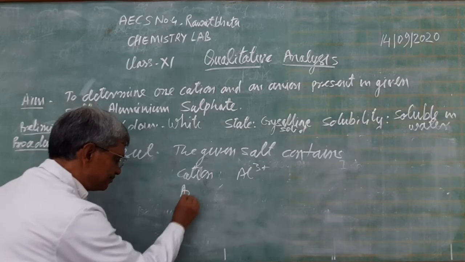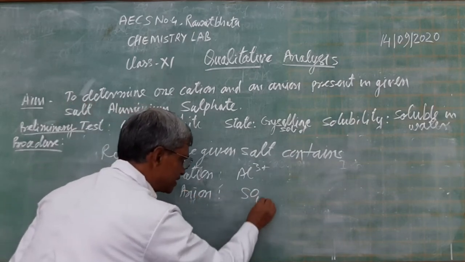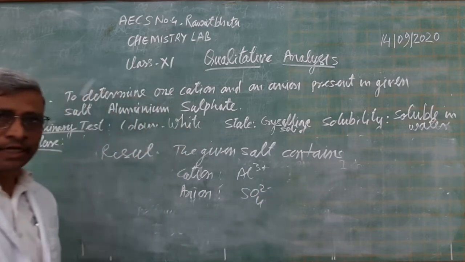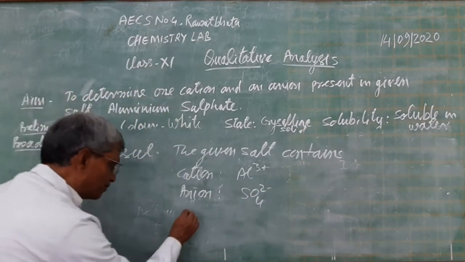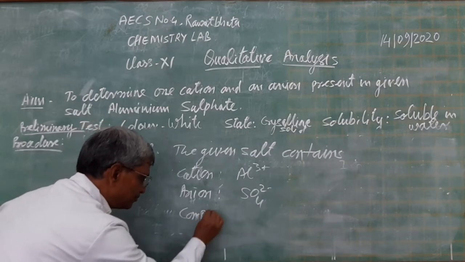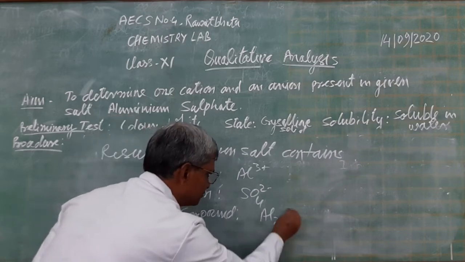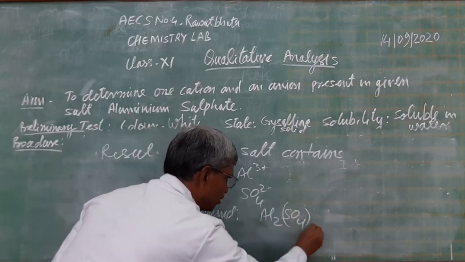The anion is sulfate, SO4 2-. And the compound, the salt, is aluminium sulfate.